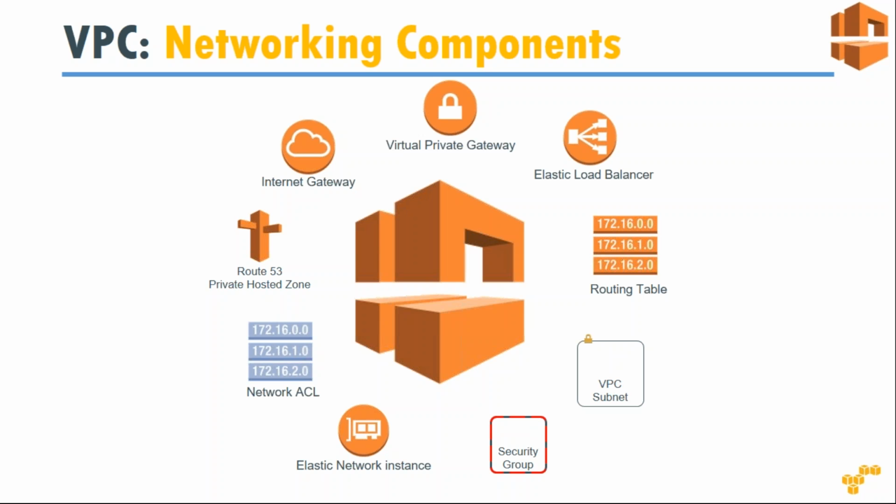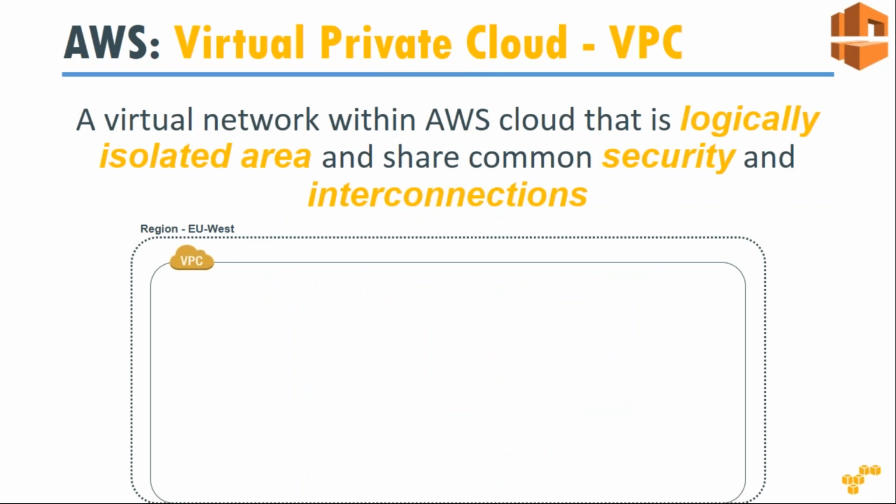Let us just go ahead and start with what is a VPC first of all. So this you can say is an official definition that Amazon provides you. What it means is you have a group of resources, each of them logically isolated, not physically but logically isolated, and these resources have common security and interconnections.